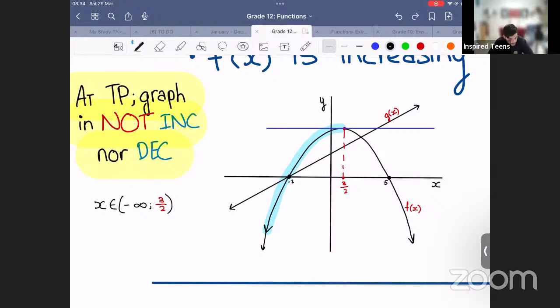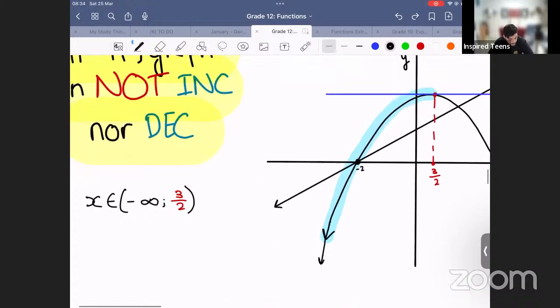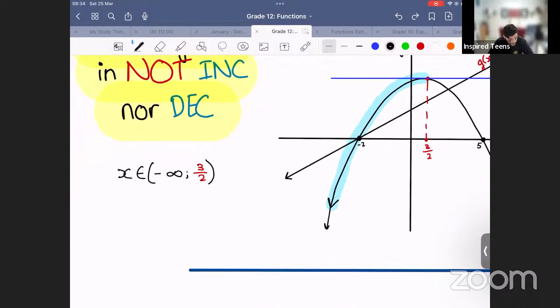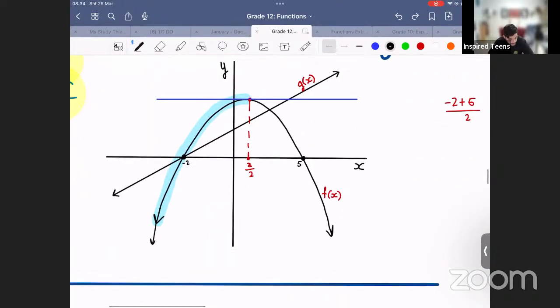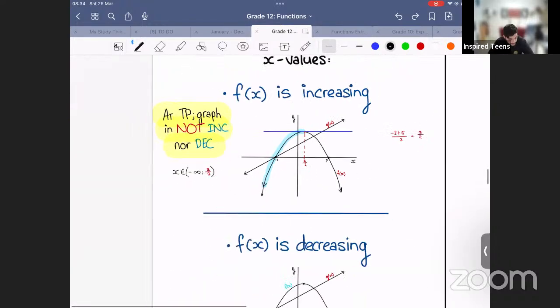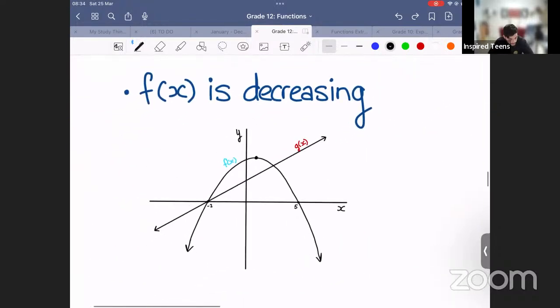So we cannot include it in a statement that describes where the graph is increasing, because that's what this interval does. This interval tells us that when x is an element of negative infinity to 3/2, the graph is increasing. And yes, we cannot include 3/2 again because it's a turning point, and at a turning point, it is neither increasing nor decreasing. Okay. So yes, let's do this example.